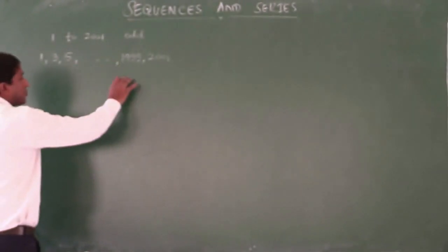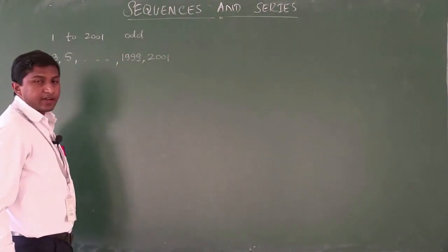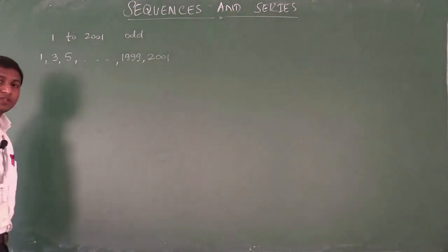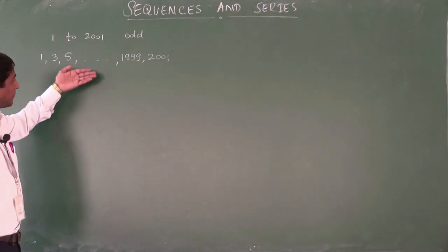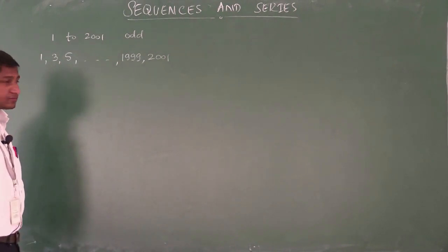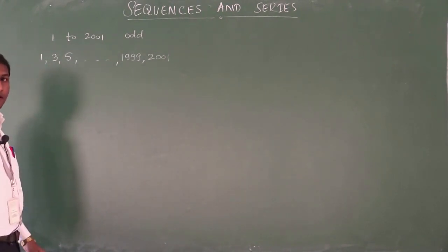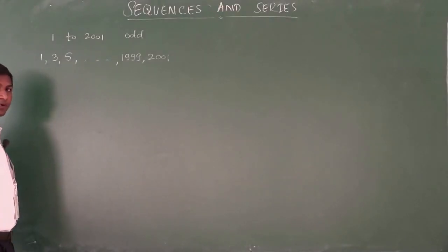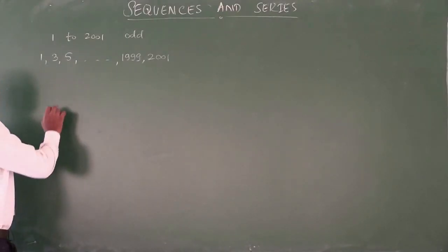We have 1, 3, 5, and so on, 1999, 2001. What kind of a sequence is this? Obviously, when you observe, this is an AP. Why? Because there is a common difference between the consecutive terms.